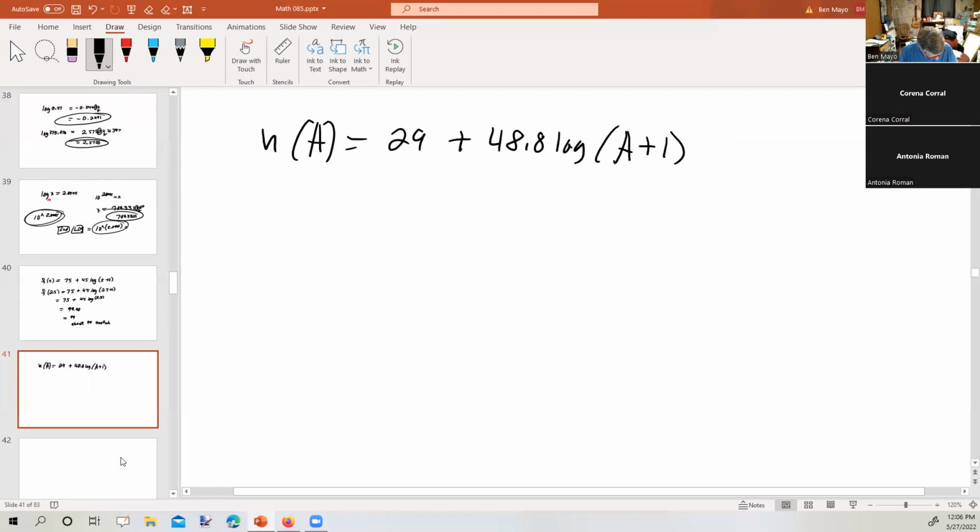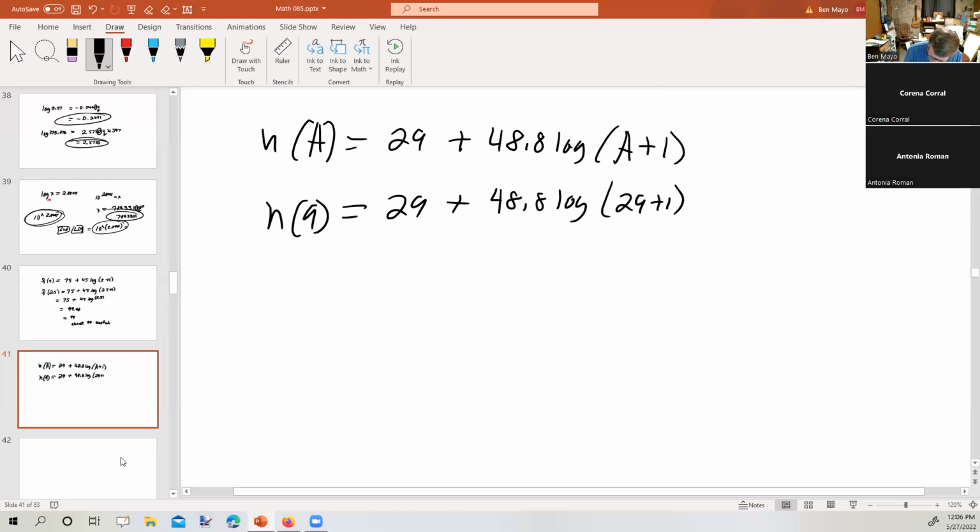If a boy is 9 years old, what percent of his adult height will he have reached? So h of 9 would be 29 plus 48.8 times the log of 9 plus 1, which is 29 plus 48.8 times the log of 10.